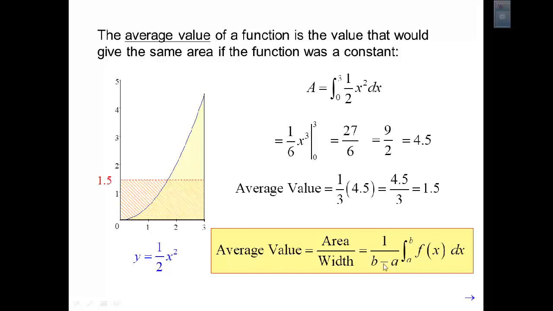And b minus a, remember, is the width of the interval. The area is found by the integral, and we're dividing by the width, which is 1 over b minus a. And remember, don't mix up average value with average rate of change. They're two very, very different things.